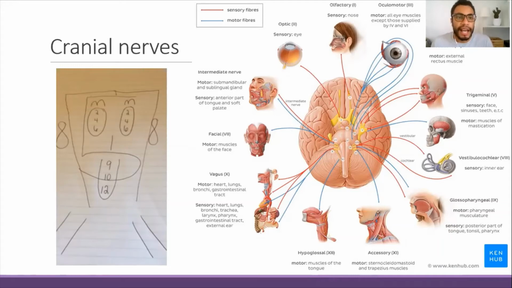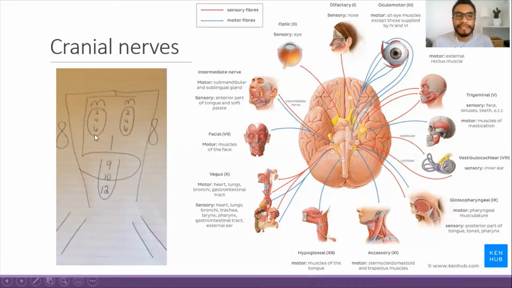Then we have 4 and 6 here inside the eye. Number 4 is the trochlear nerve. The trochlear nerve is a motor nerve, which is implied with the superior oblique muscle, a muscle that controls eye movement, mainly medially and in the downward direction.